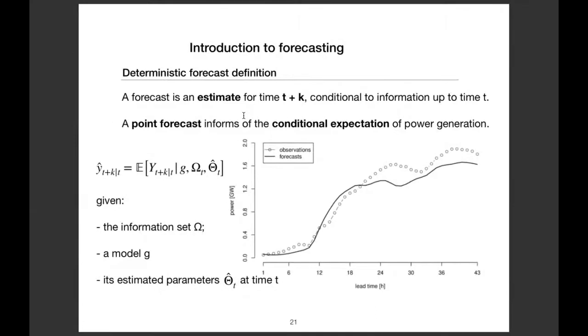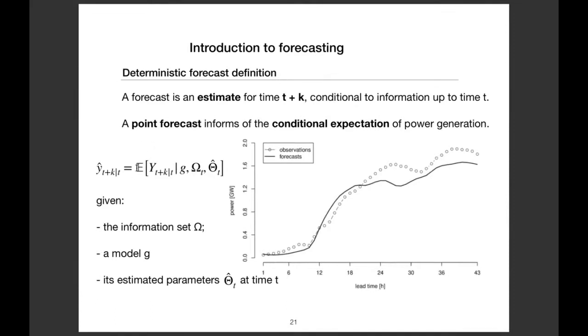So a point forecast is just one value for a specific lead time in the future. So for instance, for PV generation, it is a level of generation, but it is a value. It is, for instance, 100 kilowatt at 1 p.m., 200 kilowatt at 2 p.m., etc. This is just one point. And so a point forecast is a conditional expectation of power generation.